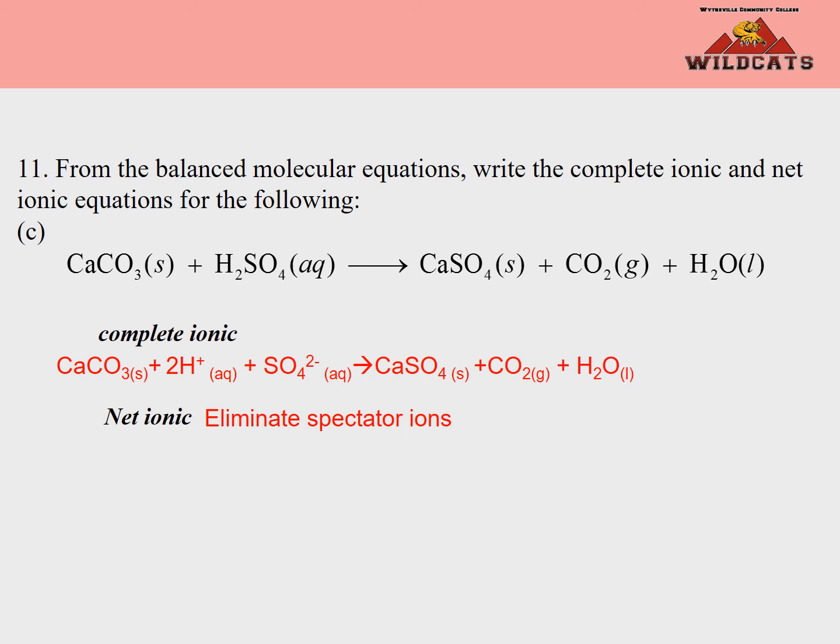So in this case, my complete ionic and my net ionic equation are the same. This happens because, like I said, it's an acid and a base, and it's just a curious example. But if you'll notice, the only things we break into ions are those that are aqueous. And if there's nothing on the opposite side, then we don't eliminate anything.